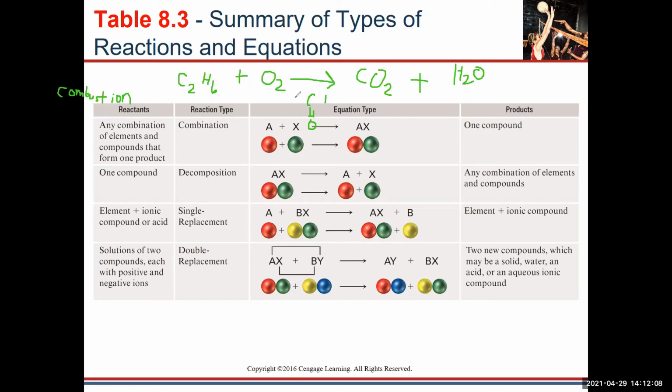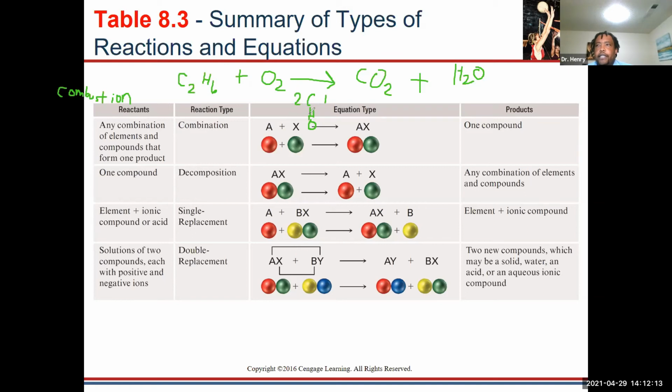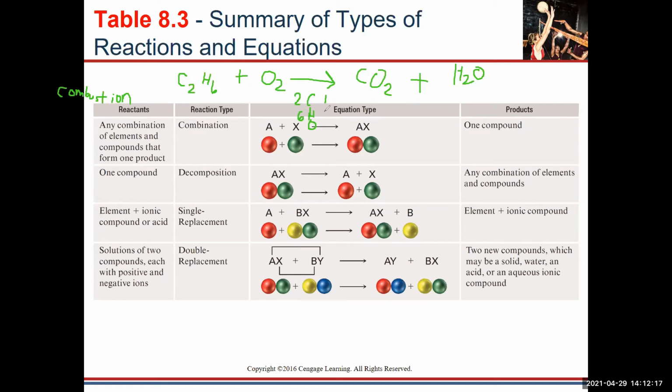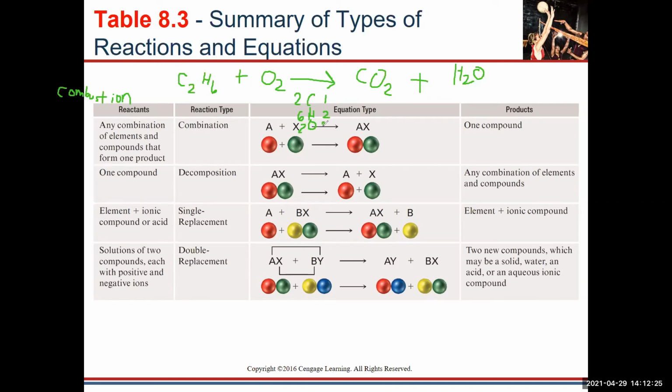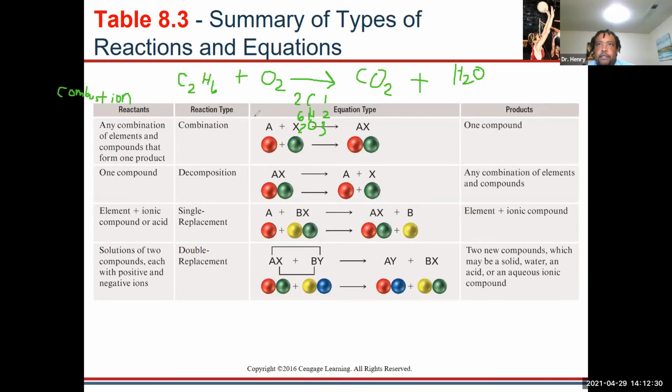On the reactant side? 2. How many hydrogens on the reactant side? 6. And on the product side? 2. How many oxygens on the reactant side? 2. And on the product side? 3. Is it balanced? No. What do I need to do to balance it?